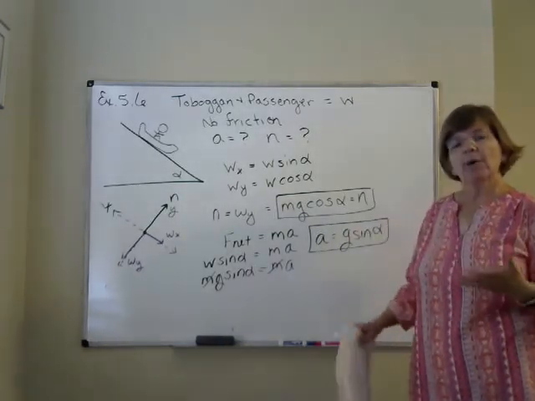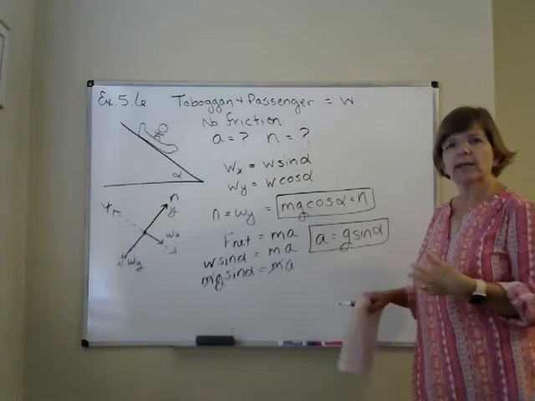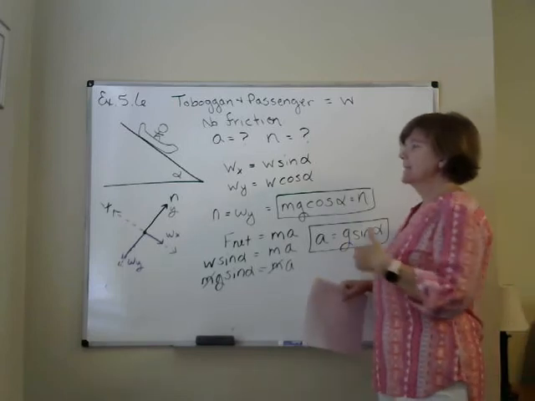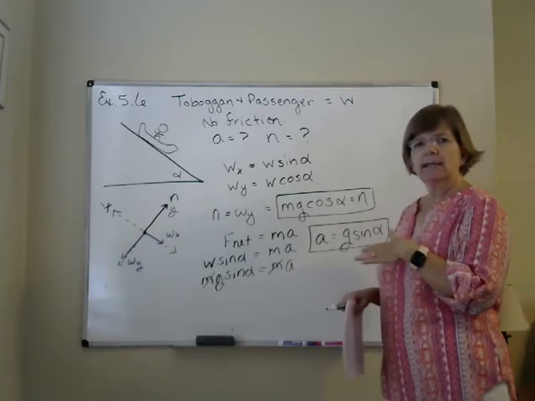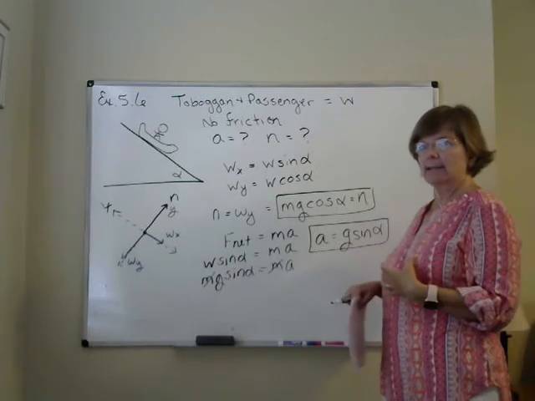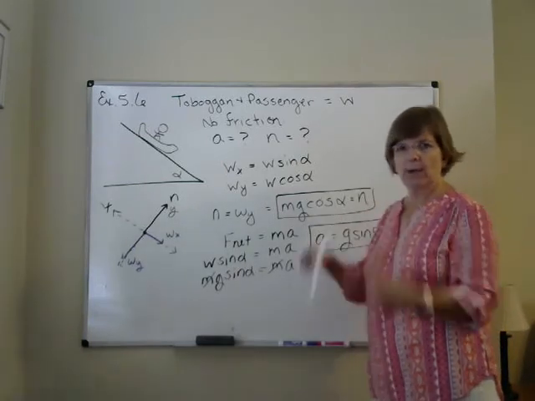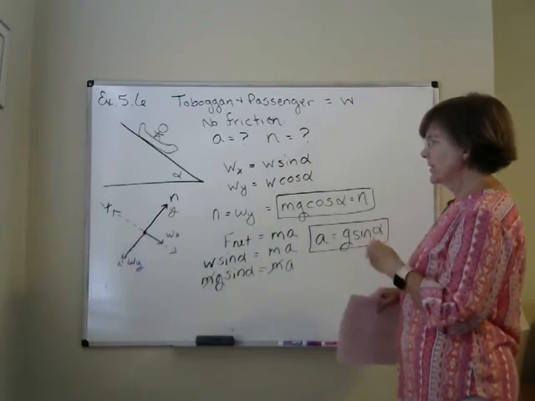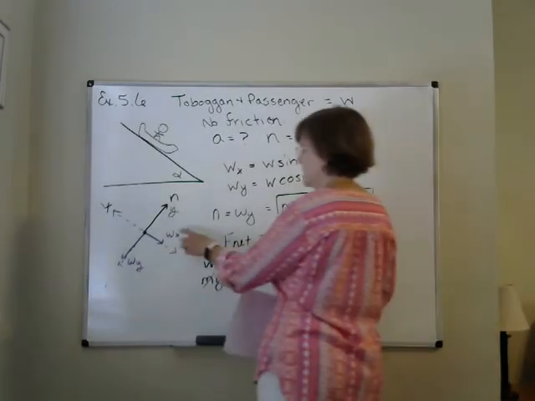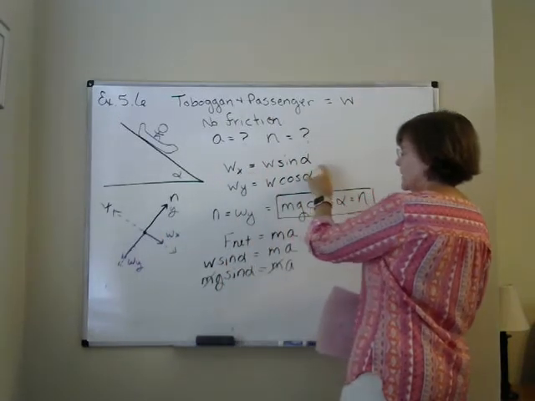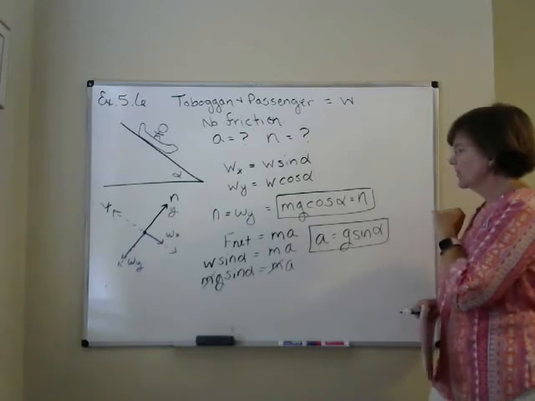They all accelerate at about 9.8 meters per second squared. When you accelerate down something like an icy hill, in free fall, all of your weight makes you accelerate. But when you're on a ramp, only the part that makes you accelerate is this Wx. This causes your acceleration. It doesn't depend on your mass.